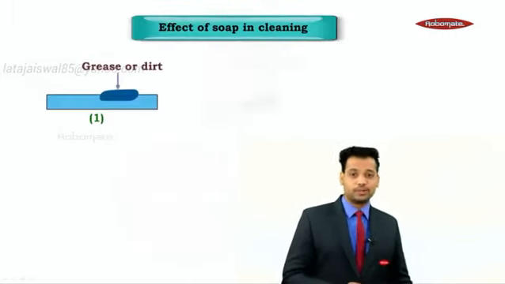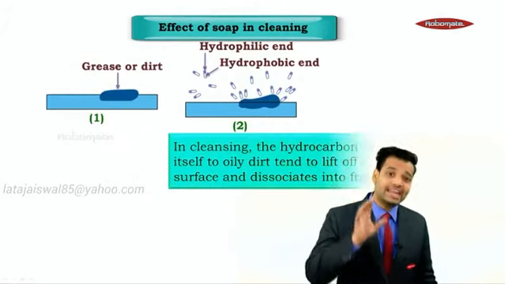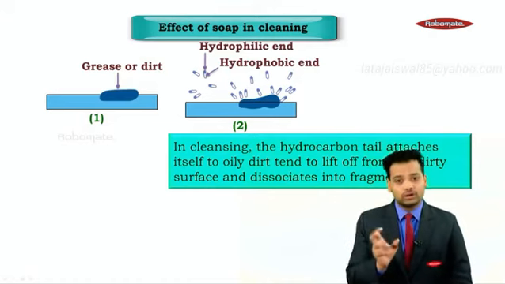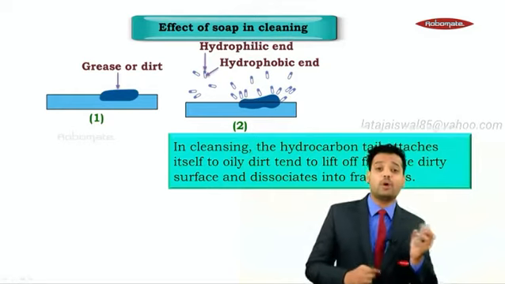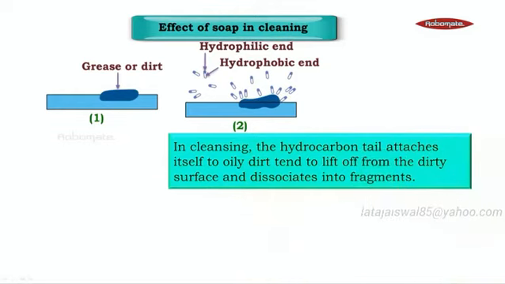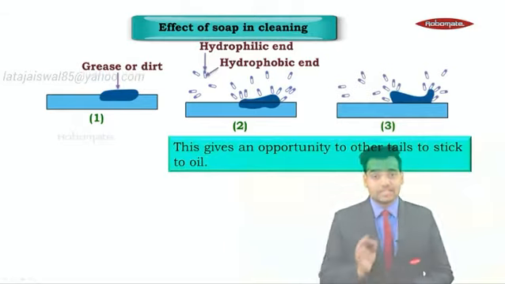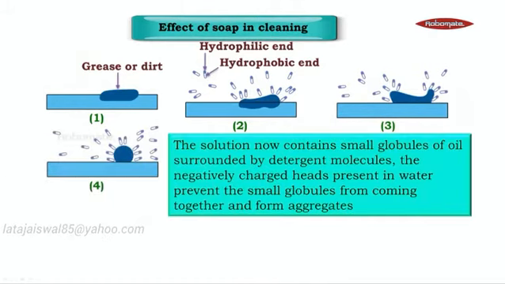Now, effect of soap in cleansing: when there is grease or dirt on a cloth, all the hydrophobic ends enter the oil or the grease or the dirt. In cleansing, the hydrocarbon tail attaches itself to the oily dirt and tends to lift it off from the dirty clothes. So what happens? The tails remove it from the dirty clothes. This gives an opportunity to other tails to stick to oil, and thus a micelle is formed.